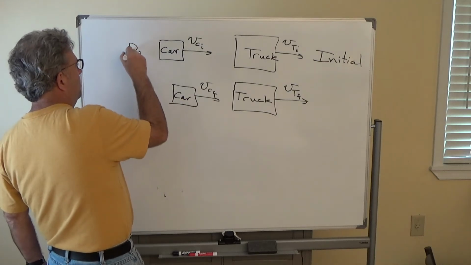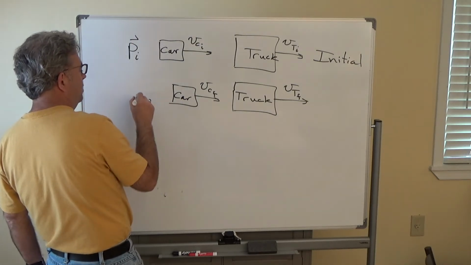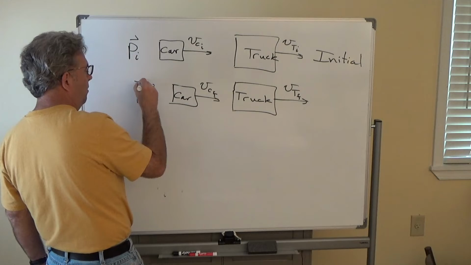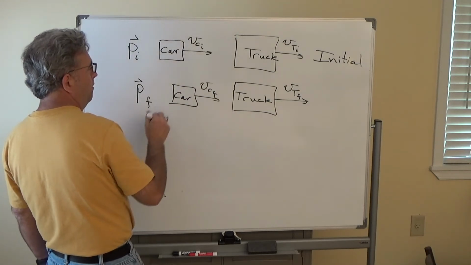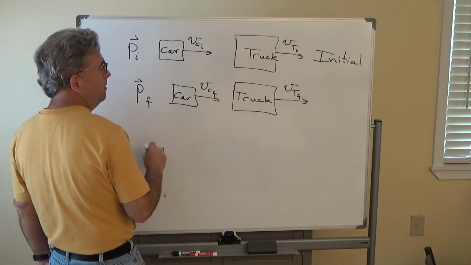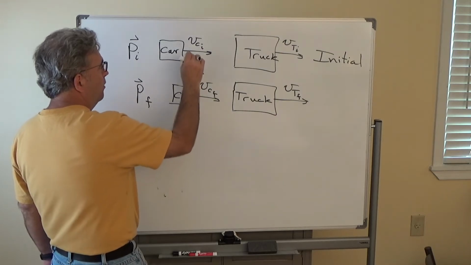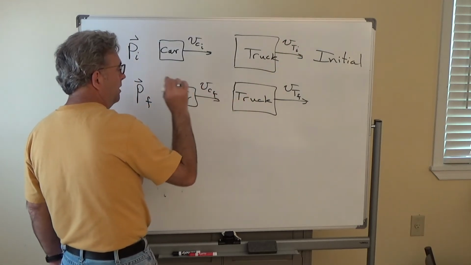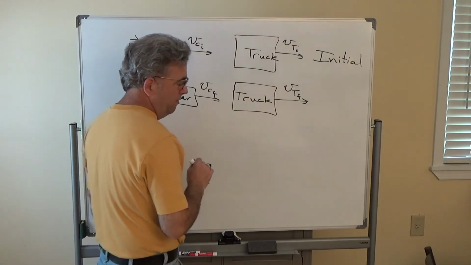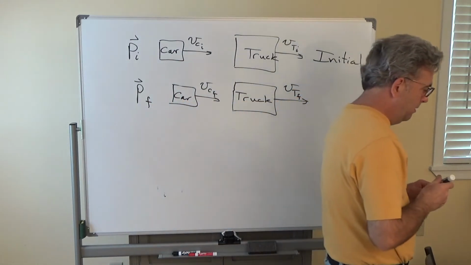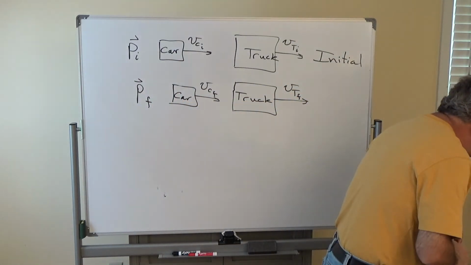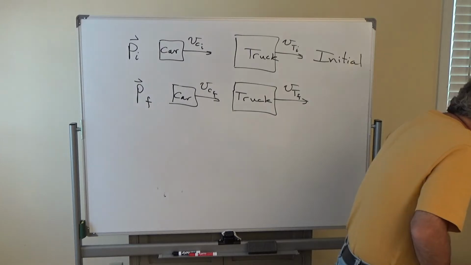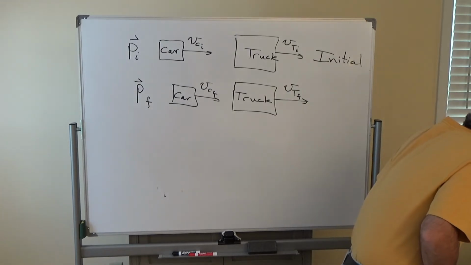So this is P initial of the system. This would be P final of the system. You know these masses, and you know this, you know this, you know this. You can figure out the final velocity of the truck. All right.